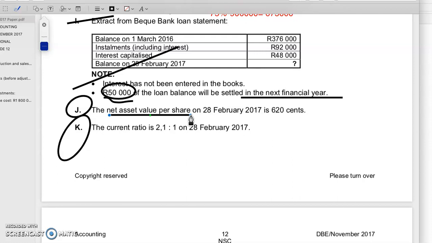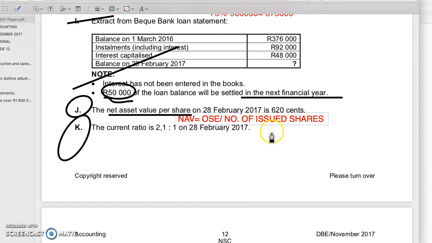All of that. So we know that, I'll write it for you here. It's gonna look a little weird, but we know that net asset value per share is equal to ordinary shareholders' equity, so your shareholders' equity, divided by the number of issued shares.